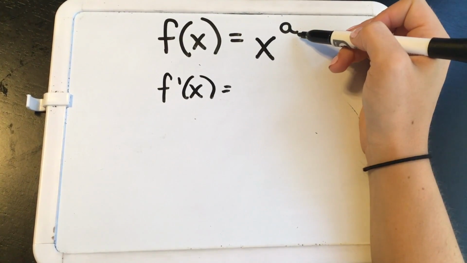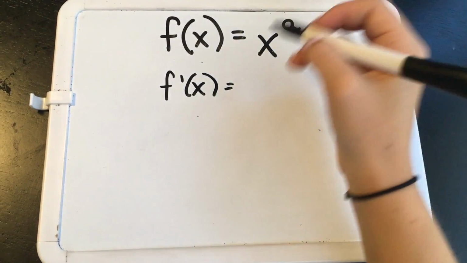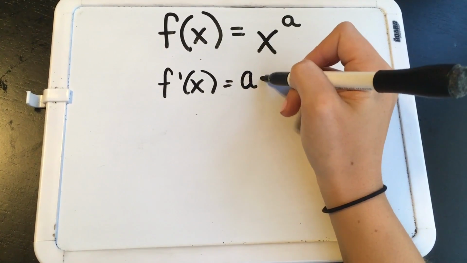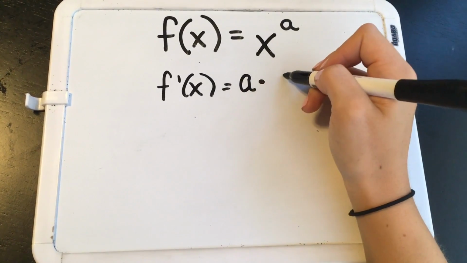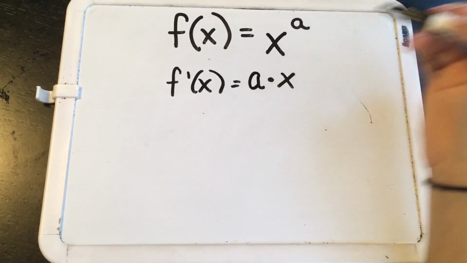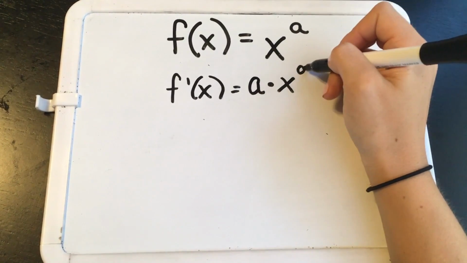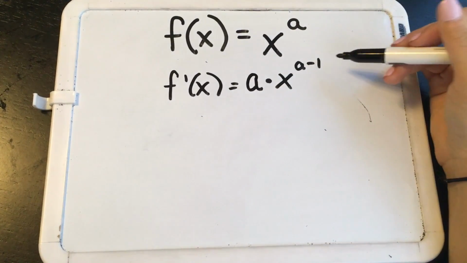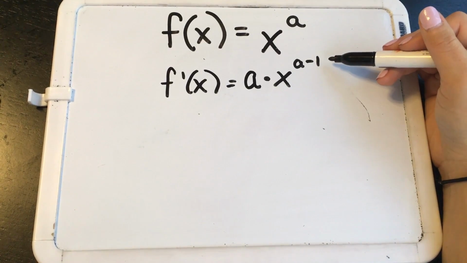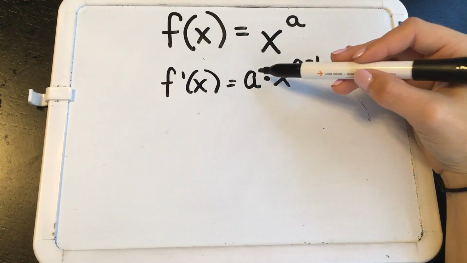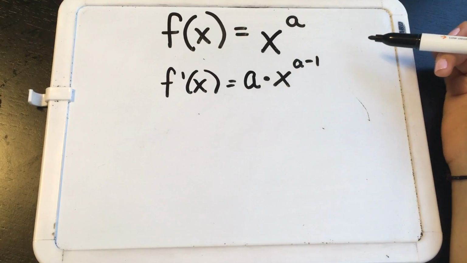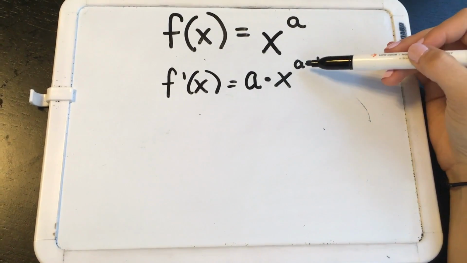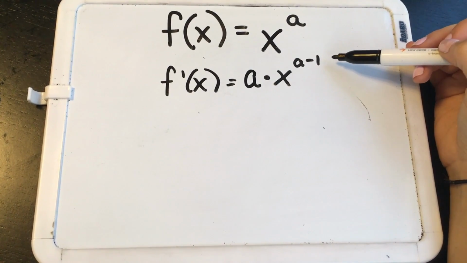You take this exponent, a, and you bring it out front, and you multiply it by the x, and then the exponent is decreased by 1. So the exponent becomes a minus 1. You bring the power down, multiply it by the original x, and raise it to the a minus 1.